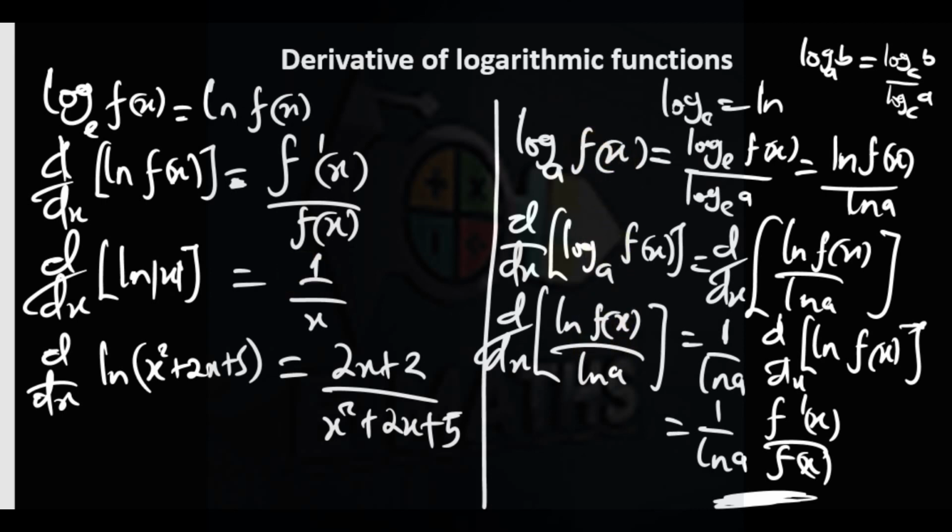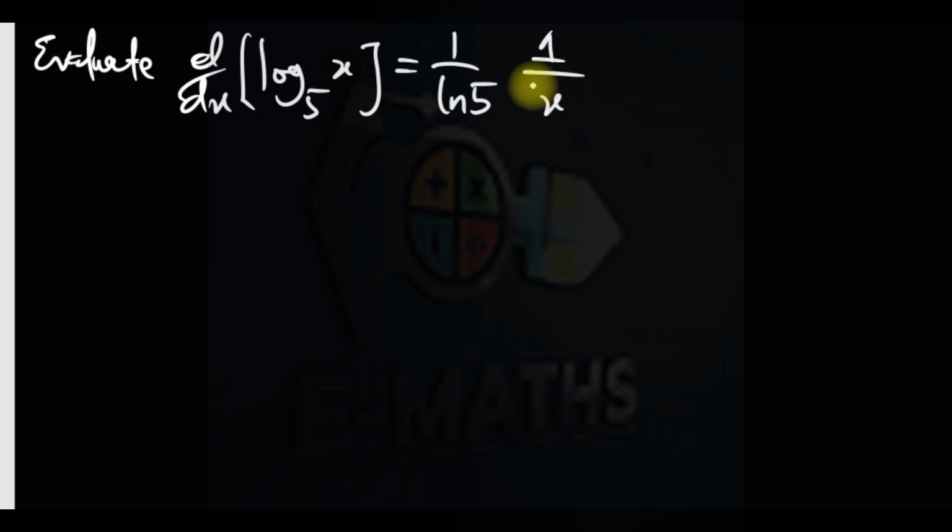For example, if someone asks you to evaluate the derivative of log 5x, without wasting time, the answer is 1 over ln 5. We now differentiate this, which is 1 over the original.